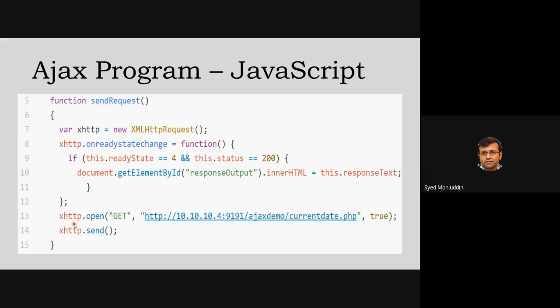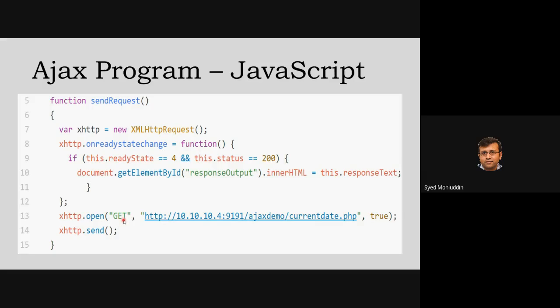Now this line 13 is where we are opening a connection using JavaScript to some resource on the server, and that resource will be sending us the data. So we have to use xhttp.open, and this is the GET method which we use. It's the same as what we have in your form, where we have method get and post.